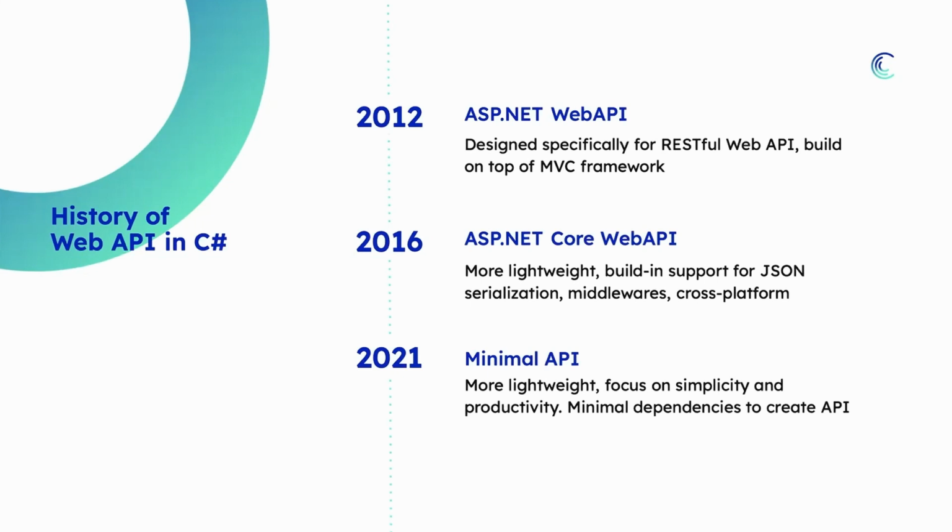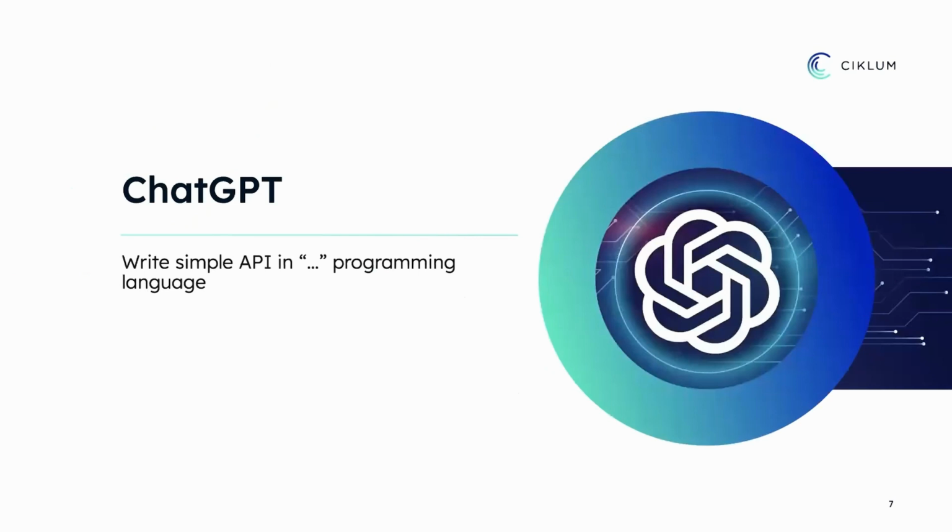I was wondering if it's something super new or is it specific to .NET or C#. So I asked ChatGPT, hey, write me a simple API in some programming language. I just wanted to know how other programmers who are not working with C# write web APIs.